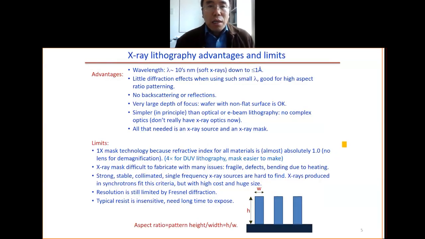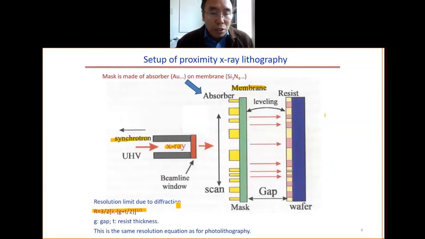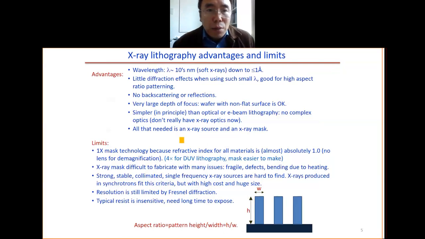Here are the key points of X-ray lithography. We use smaller wavelengths. When we have smaller wavelengths, there will be less diffraction, and then we get better resolution, as you see here. Secondly, with X-ray there is no backscattering or reflection.